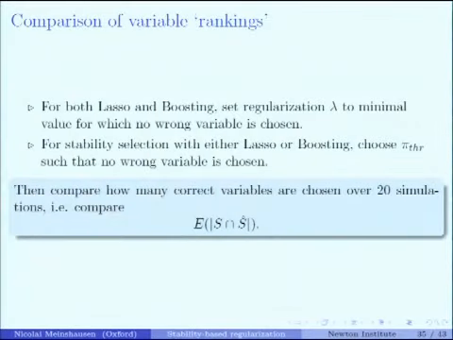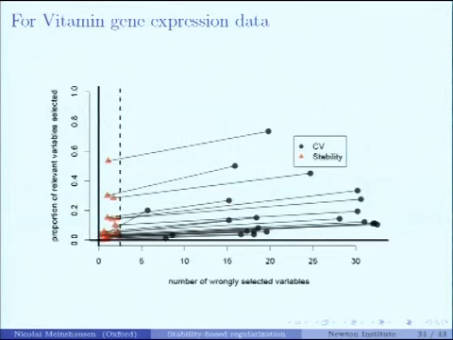The next comparison for those data sets as well: you could say, well, you just pick a different solution on the path, so you just pick a different lambda, but it's actually not quite the case. So going back, you can say, well, what happens if I compare these two while demanding that I make no wrong selection at all?